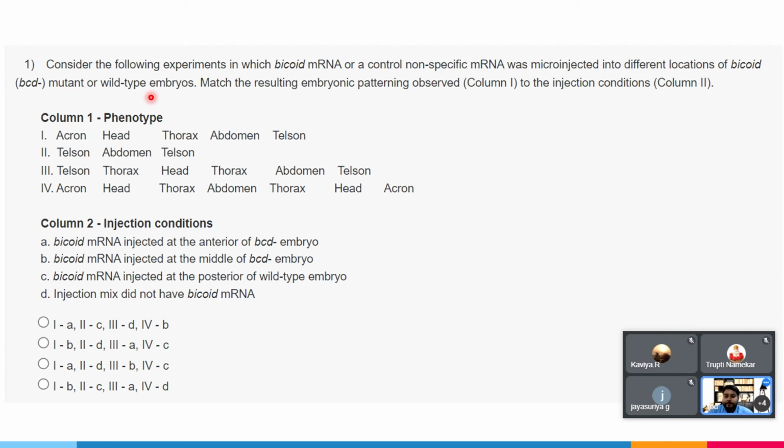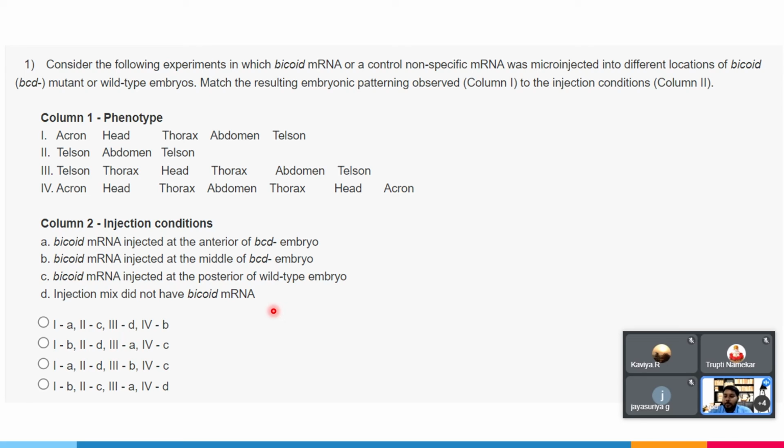Match the resulting embryonic patterning observed in column 1 to the injection conditions in column 2. So we have a phenotype that we observe in column 1, and we are trying to match which phenotype can actually be generated via these specific injections.